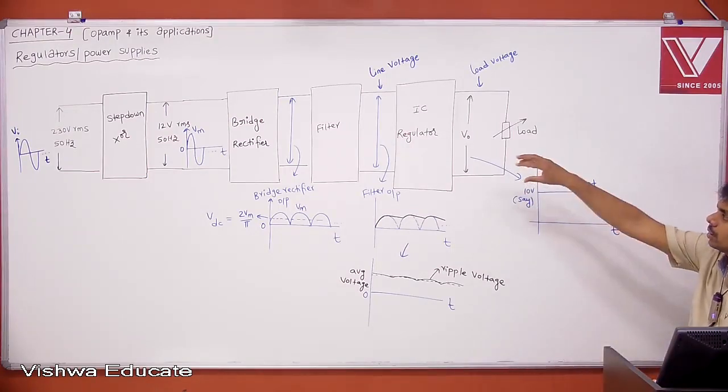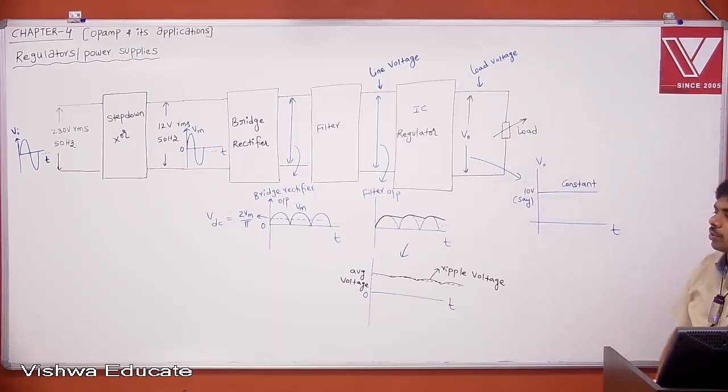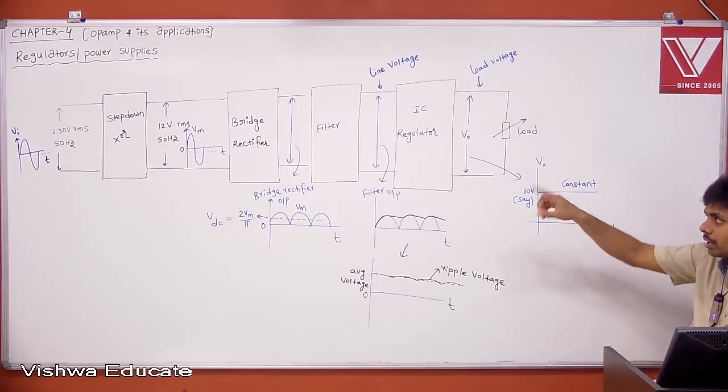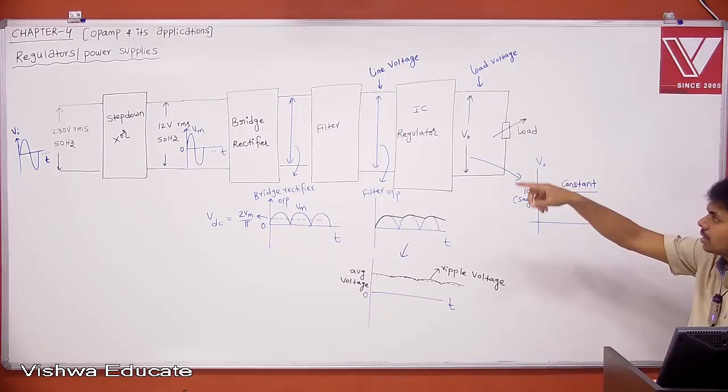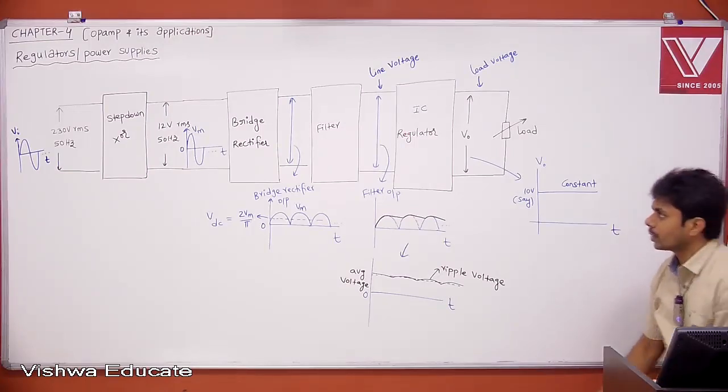We just took it as a chip IC, then we used to connect it and get the output voltage. That's it. But it is defined with some input voltage range and then an output load range. Done? Okay.